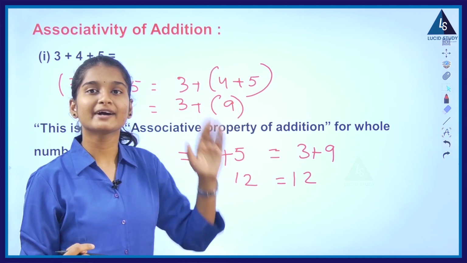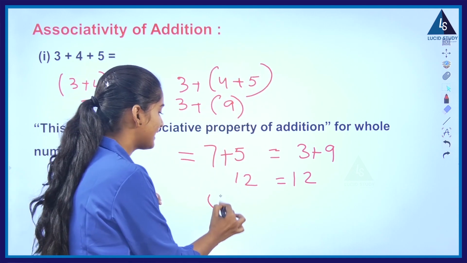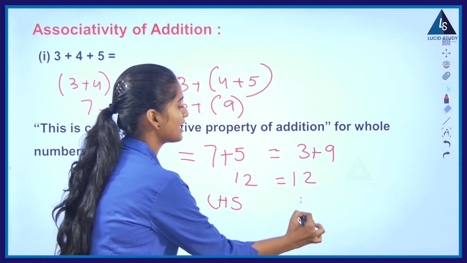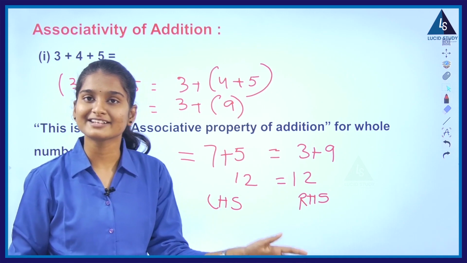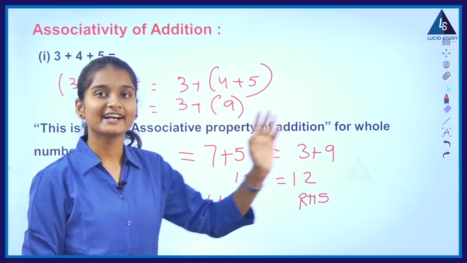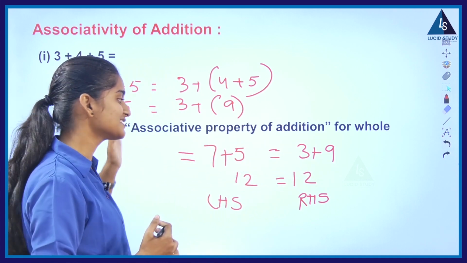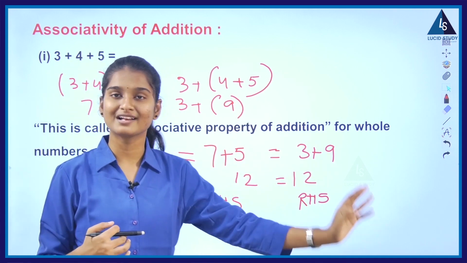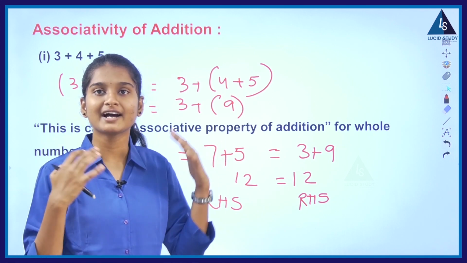So whole numbers follow associativity. LHS is nothing but left-hand side and RHS is nothing but right-hand side. So LHS is 12 and RHS is 12. So whole numbers follow associative property under addition.